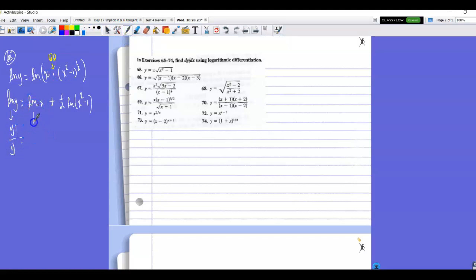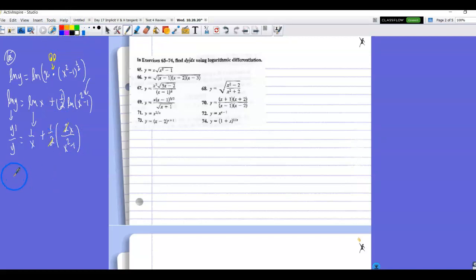The derivative of ln of x is 1 over x. 1/2 is a coefficient, so I'm going to leave that out front. The derivative of ln of u is u prime over u, so I get 2x over x squared minus 1. As far as cleaning, I can divide this 2 with this 2.